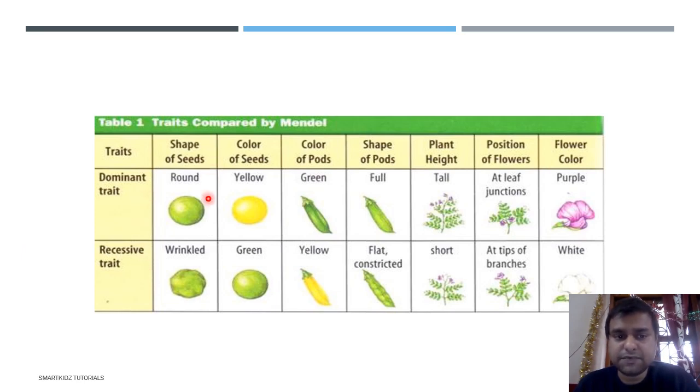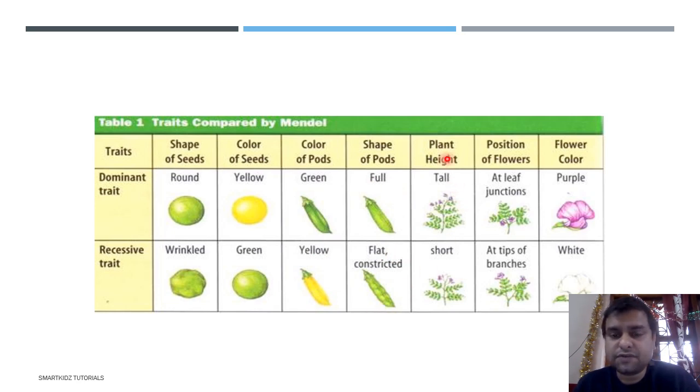In case of shape of seeds, the round seed was dominant over the wrinkled seed. Similarly, in case of color of seeds, the yellow colored seeds were dominant over the green colored seeds. In case of color of pods, the green colored pods were dominant over the yellow colored pods. Then in case of shape of pods, the full pods were dominant over the flat or constricted pods.